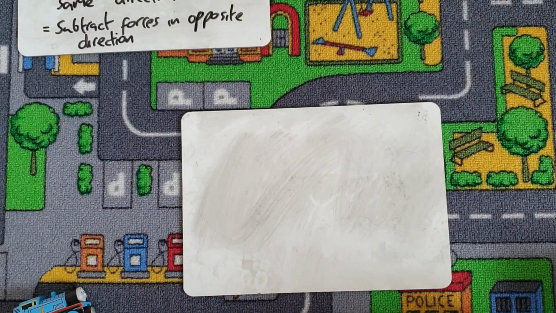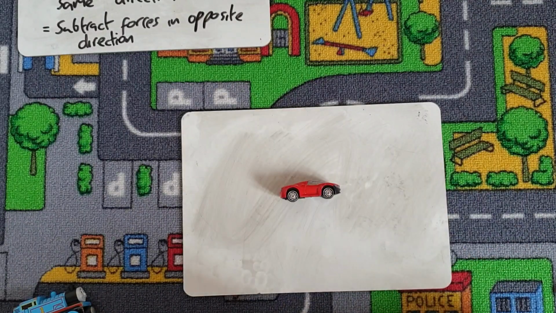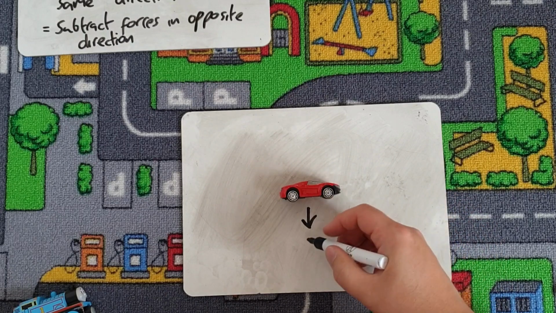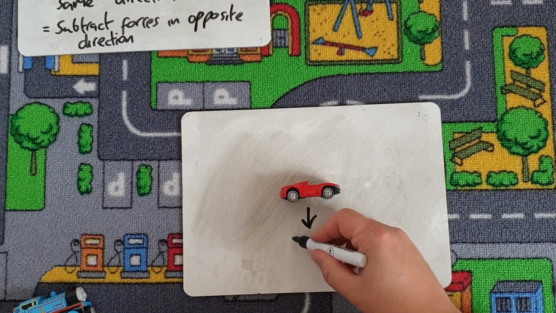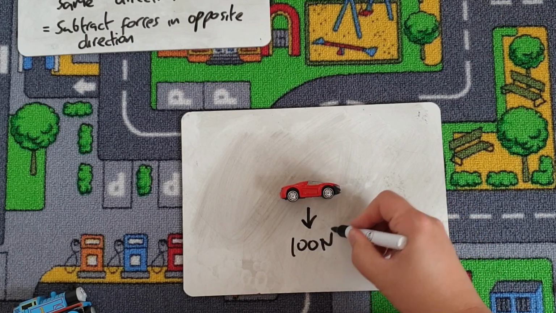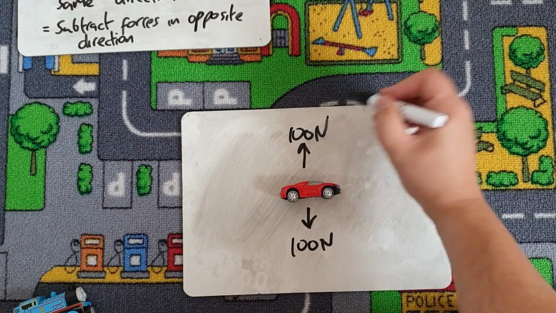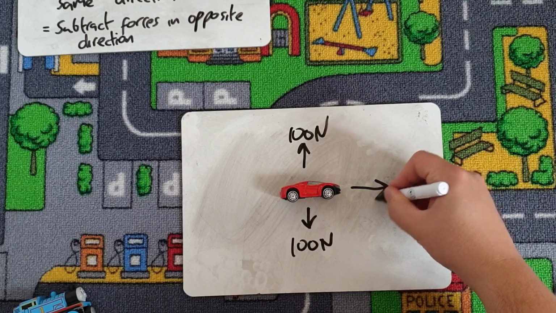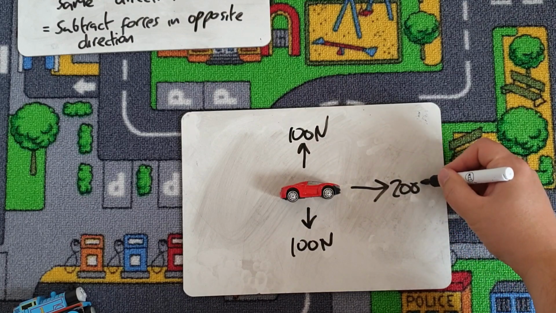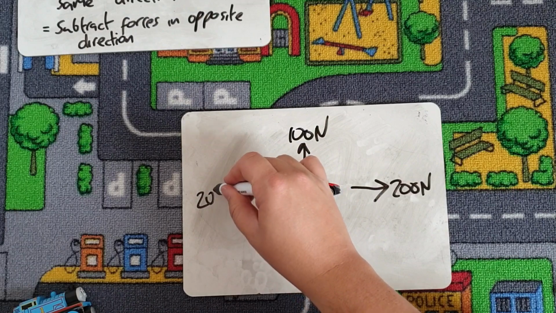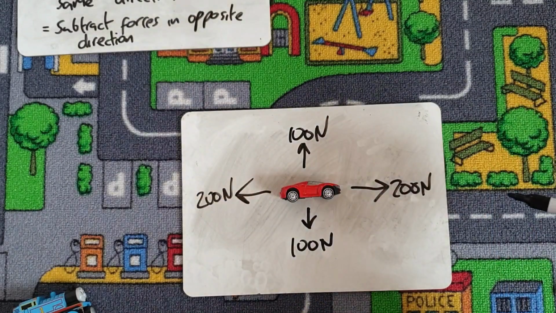So if I get my car, I'll just do an example to show balanced forces. Let's say weight of the car, 100 newtons down, force from the road pushing the car back up, 100 newtons up. The engine's moving it, 200 newtons that way, and then the friction and drag is 200 newtons that way.